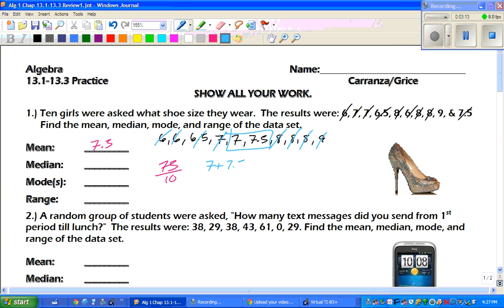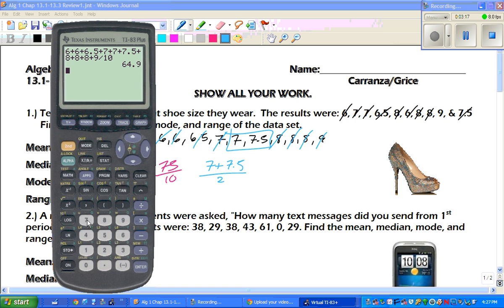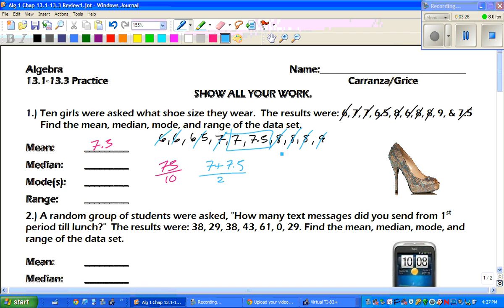So I'm going to add those two up and then divide by 2. So 7 plus 7.5 equals, divide by 2. And, okay, so we get 7.25. But when we're doing averages and stuff, we only want one decimal. So that's why it stays 7.3.